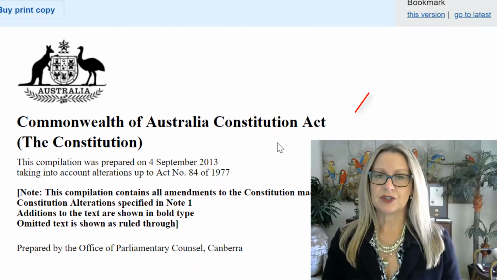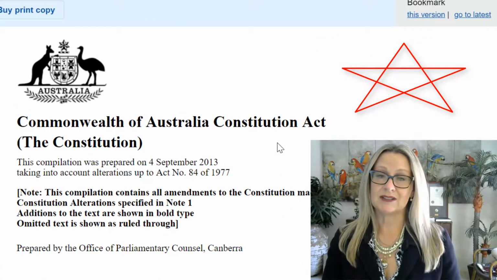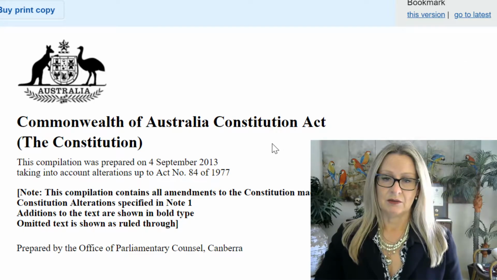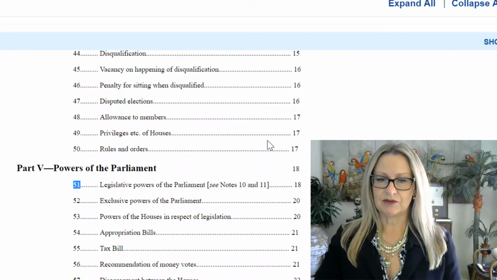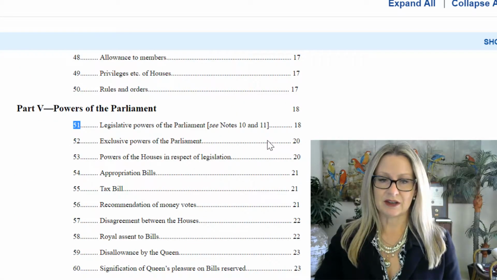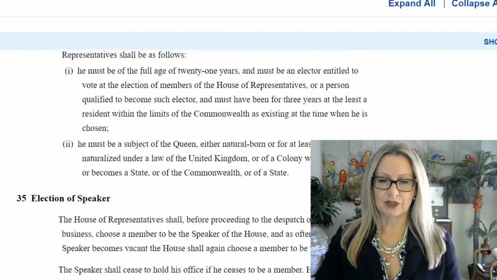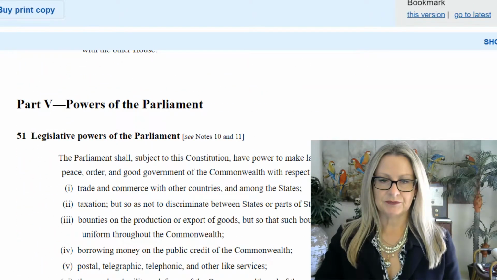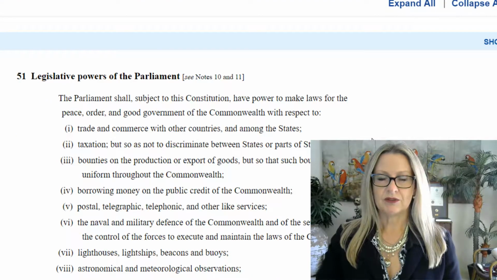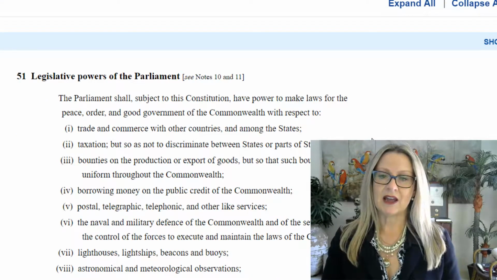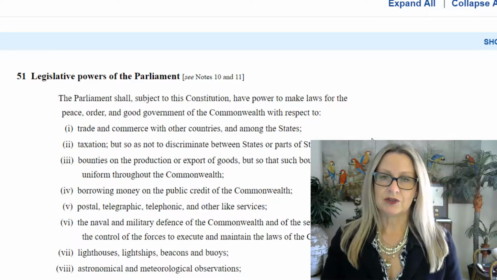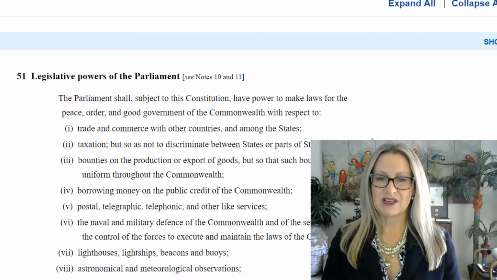I've taken you to the Constitution because it's fairly important that you understand what it does. If you have a look at section 51, it sets out the legislative powers of the federal government. In section 51, you will see that the federal parliament only has power to legislate on these particular heads.